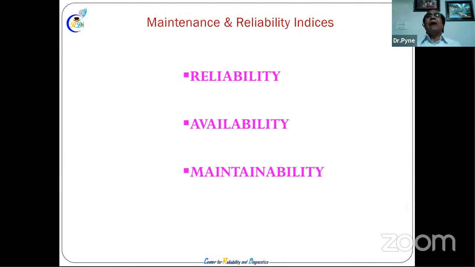So what is availability? Out of 24 hours, how many hours is this machine available? If it is 20 hours, then 20 out of 24 is the availability. And how do you get 20 or 19 or 21?